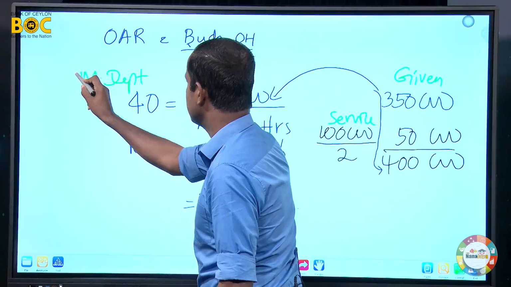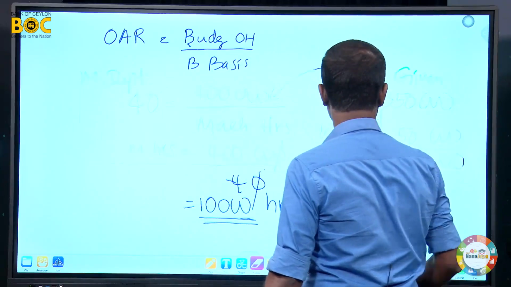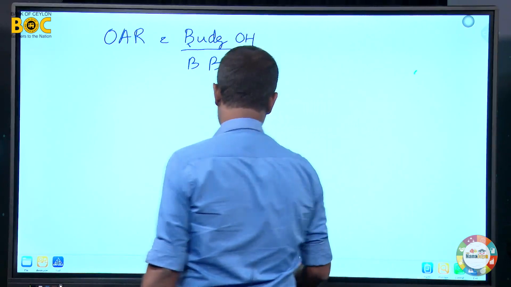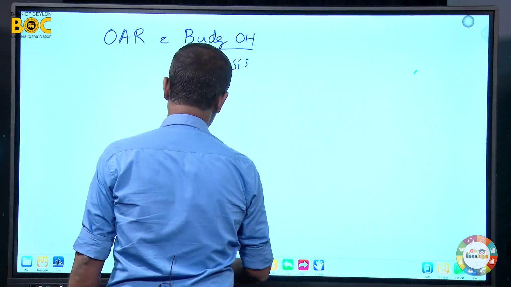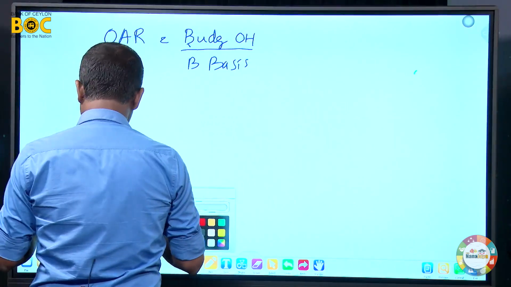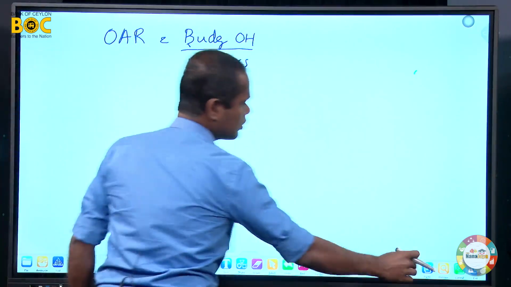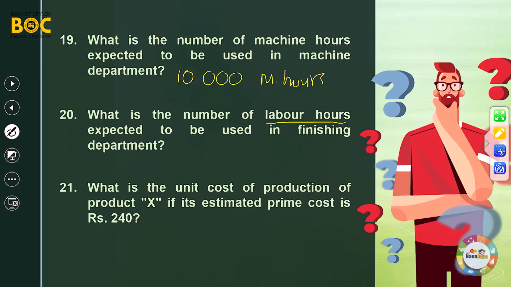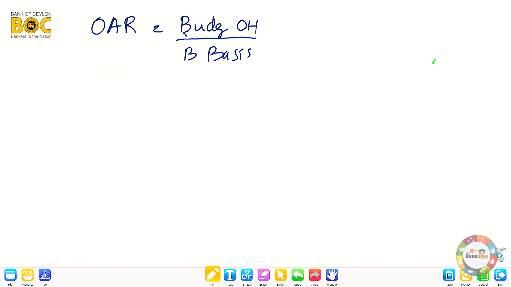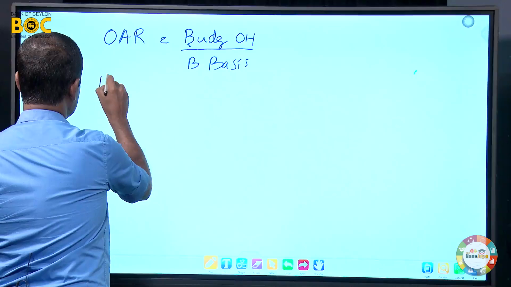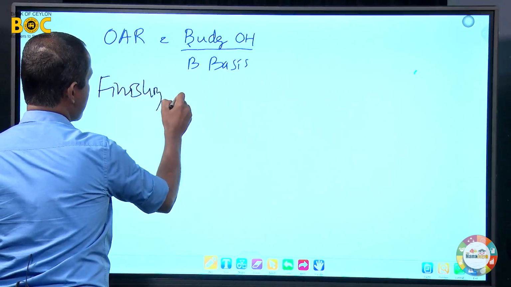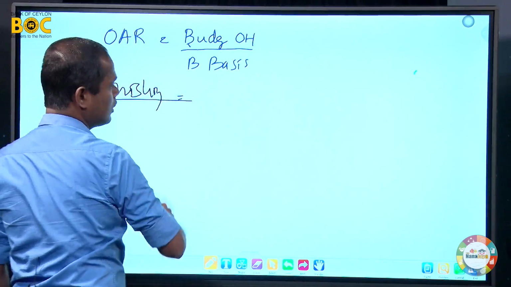Overhead absorption rate equals budgeted overheads divided by budgeted basis. Now which department are we calculating for? The finishing department.